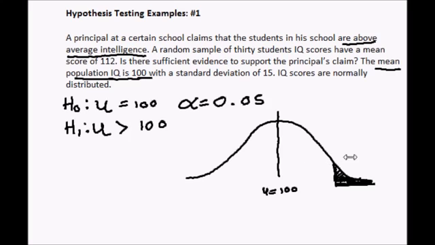I'm going to look up this alpha level of 5% in a z-table because I want to know what is this z-score right here. What is the z-score on the boundary of this 5%? Well, if this is 5%, then the rest of this area must equal 95%.